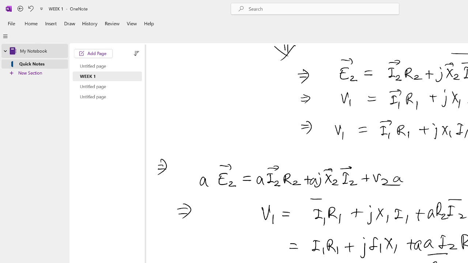So you will write I1 R1 plus j I1 X1 plus I2 by A into A square R2, which I will represent as R2 dash later on, plus j I2 by A into A square X2 plus A V2.